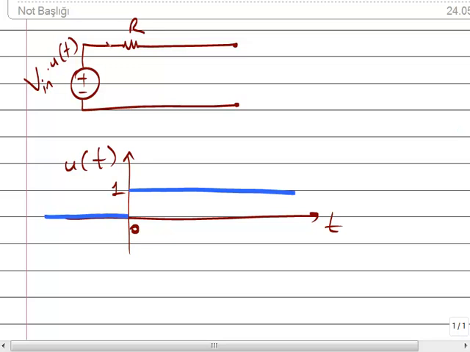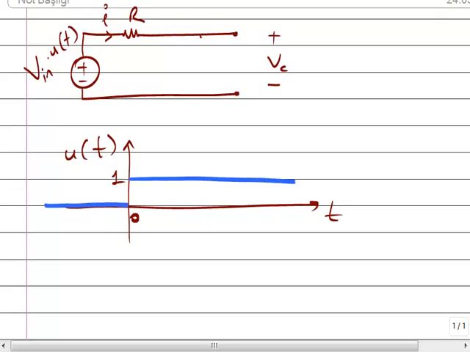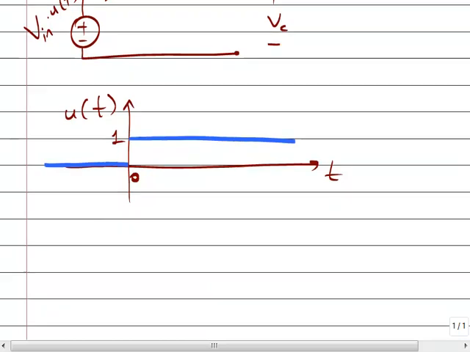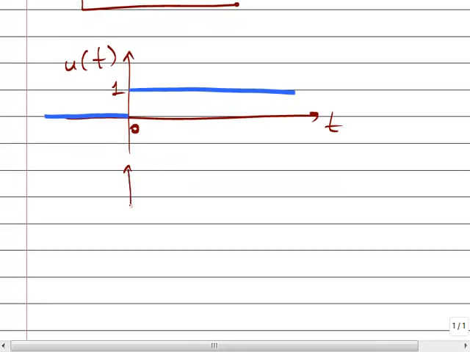So let me define a current on the resistor I. This is input voltage. Let me define a voltage at this point, let me say VC. Okay, so the shape of the input voltage is like that.